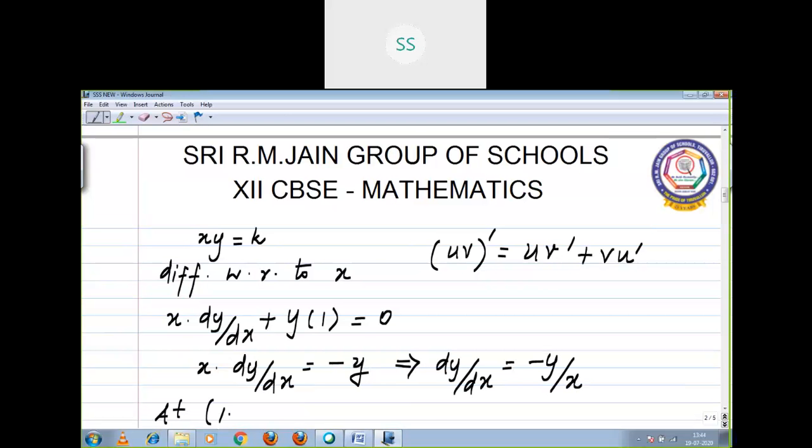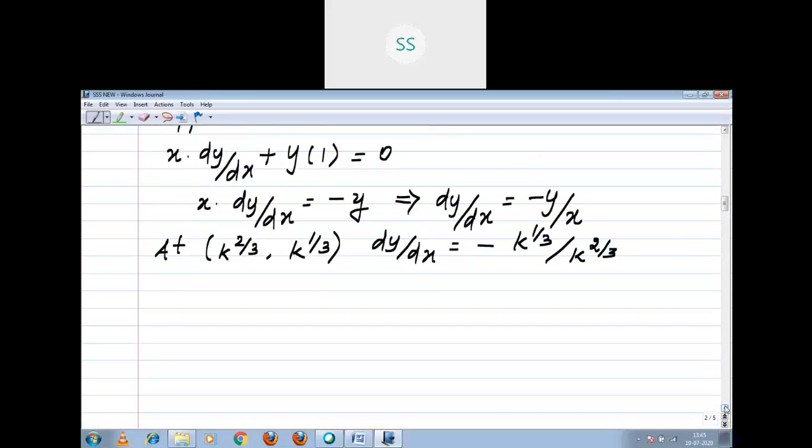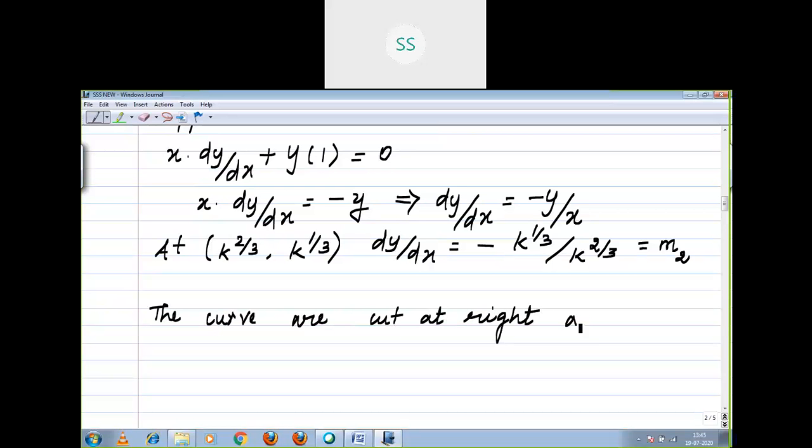At the point (k power 2 by 3, k power 1 by 3), dy by dx equals minus k power 1 by 3 divided by k power 2 by 3, which is equal to m2. The curves cut at right angles.